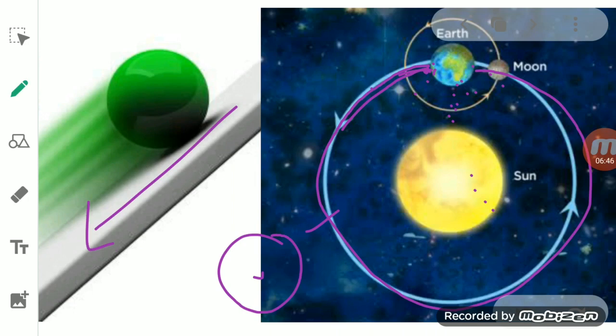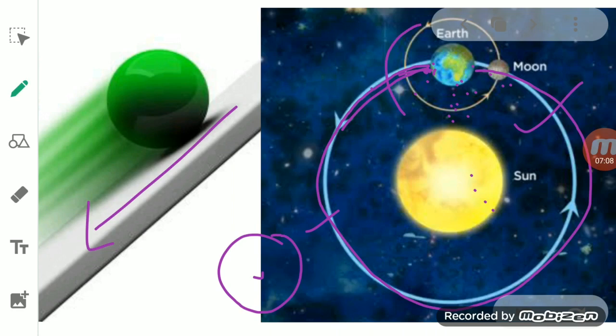This motion which the earth executes can also be seen with the moon, a satellite. You know that the moon also shows rotation, so it moves around its own axis, as well as around the earth.